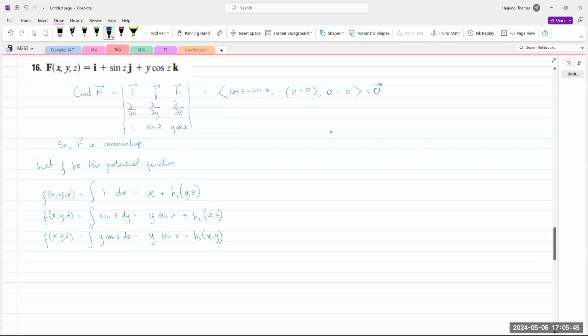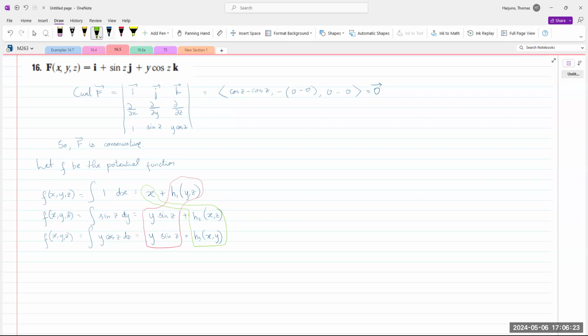Okay, now let's group them. Notice that we have y sine z in the last two, but in the first one we don't. Well, y sine z must be this h1, right? Now x is not in the second and third, but it is actually a function of x, which is part of that h2 and h3.